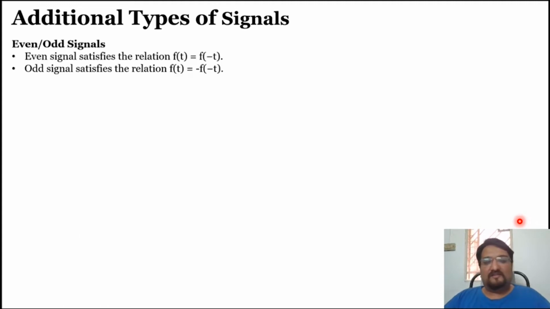They are even signals and odd signals. From the name, it is pretty clear that an even signal will have some symmetry or equal behavior towards one particular thing, whereas odd signals will probably not have that kind of symmetry.